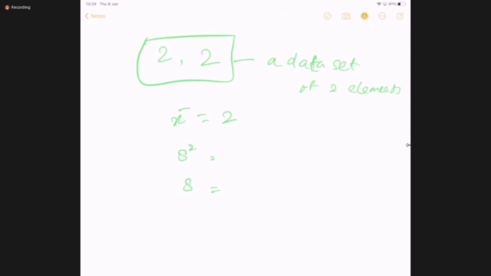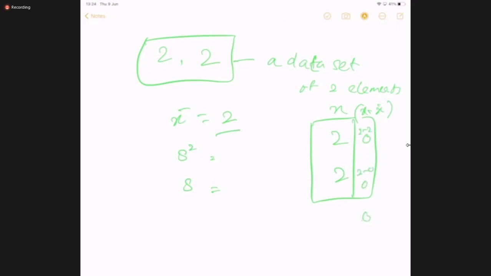Variance. If you want to calculate that value, this is how we calculate it. 2, that is x. x minus x bar is what? Now x bar is 2. Therefore, 2 minus 2, 0. Here also 2 minus 2, 0. 0 plus 0 gives 0.